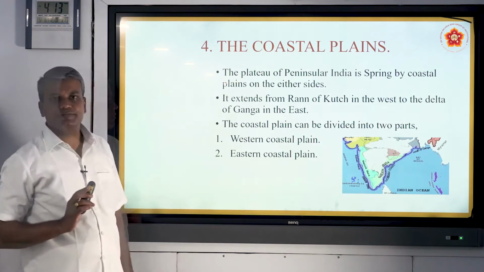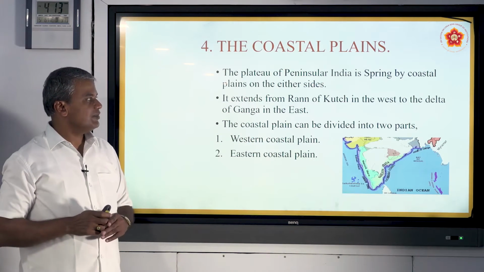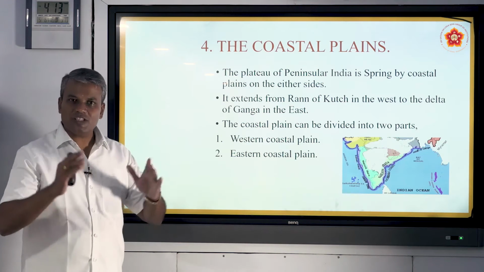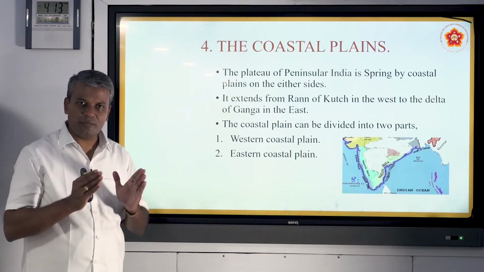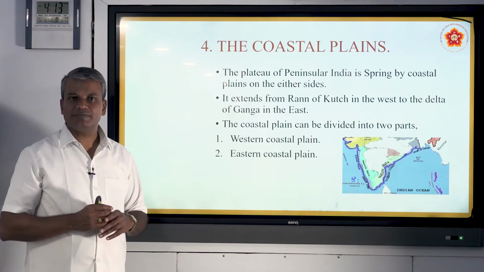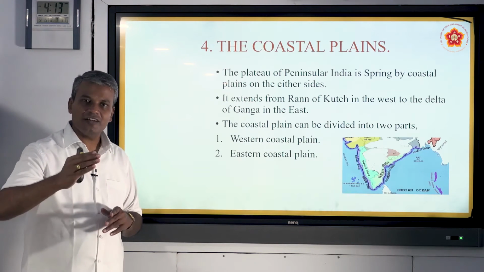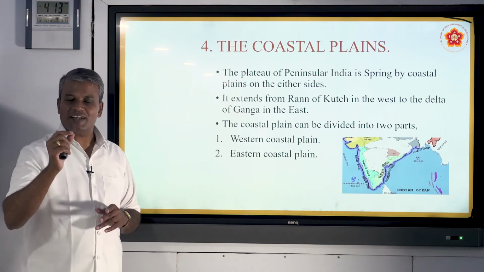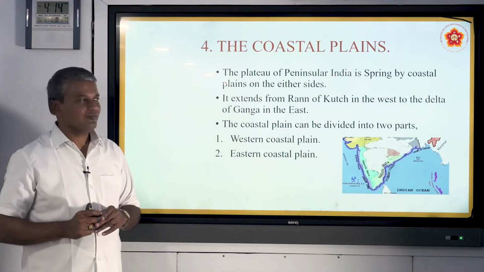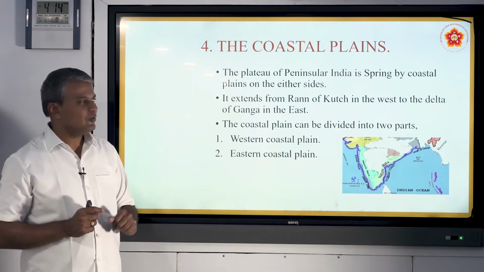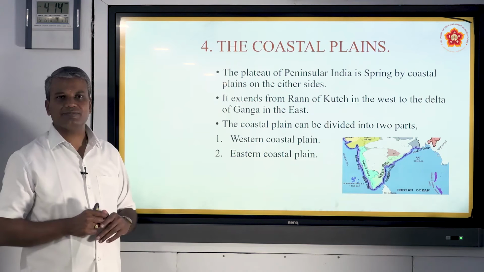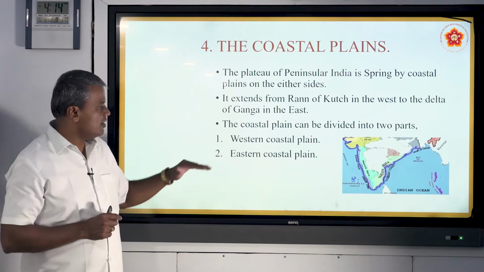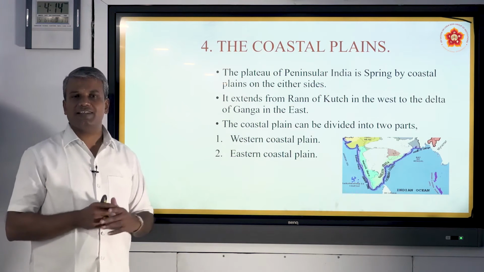This is the part. So, the coastal plain can be divided into two parts. The coastal plain, which extends from the Rann of Kutch in the west to the Ganga delta in the east, the 6,100 kilometers, is divided into two parts, that is the west coastal plain and the east coastal plain.